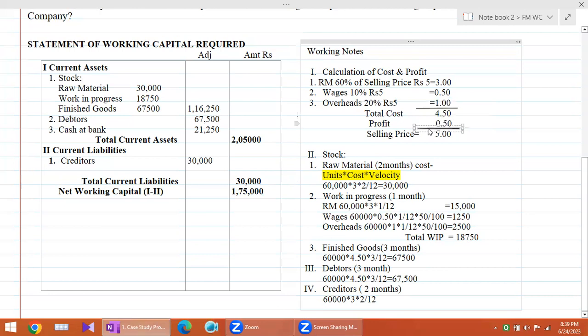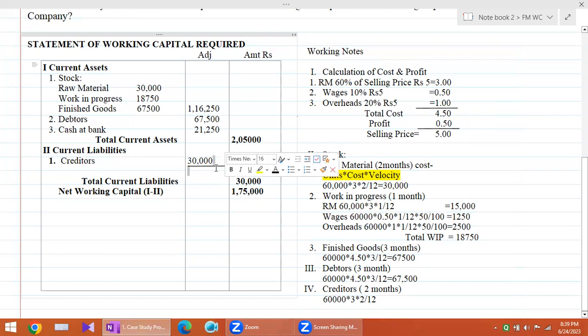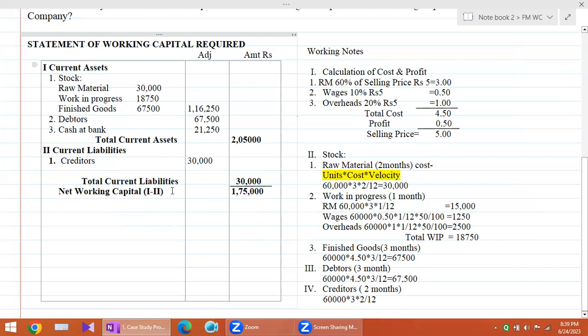Let me copy and paste here. Okay, this is 1,75,000. This is called net working capital. From this net working capital, what do we have to deduct?